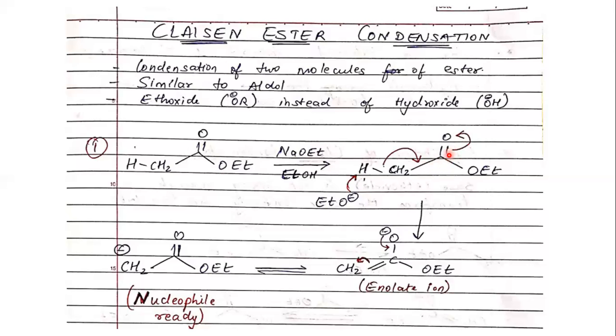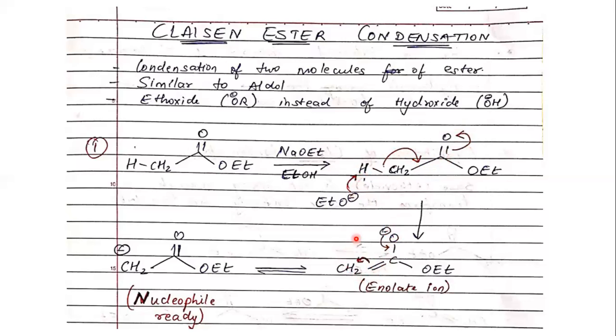The double bond between C and O is going to shift to the oxygen, so your O is going to get the negative charge. As this proton leaves with the ethoxide, it is going to keep its electrons back. Those electrons are going to form a double bond between C and this C, so a carbon-carbon double bond is being formed.